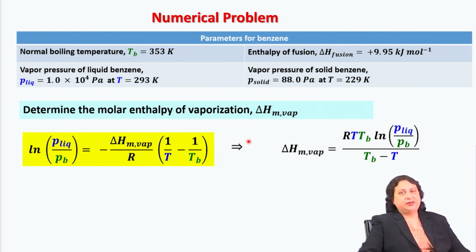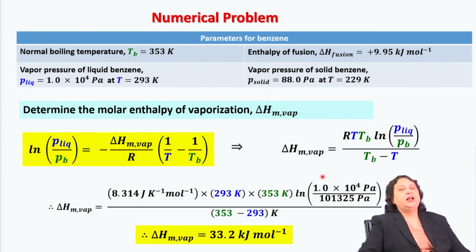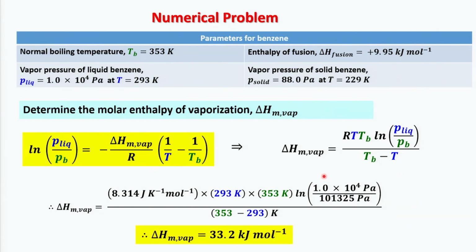Delta H molar vaporization will be given in terms of the temperature at which I have the data on the vapor pressure, which is this temperature, and all the other quantities are known to me. I will put in the values over here, and I find that delta H_m vaporization is 33.2 kilojoules per mole.